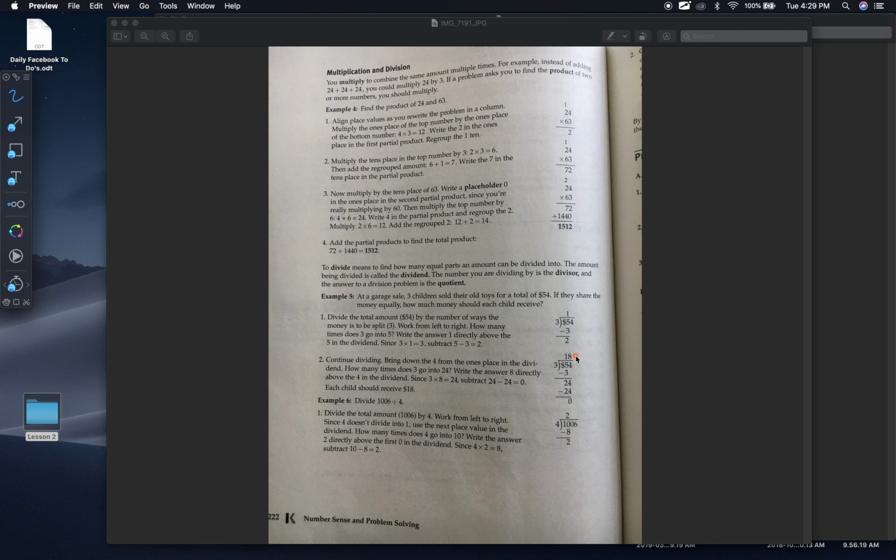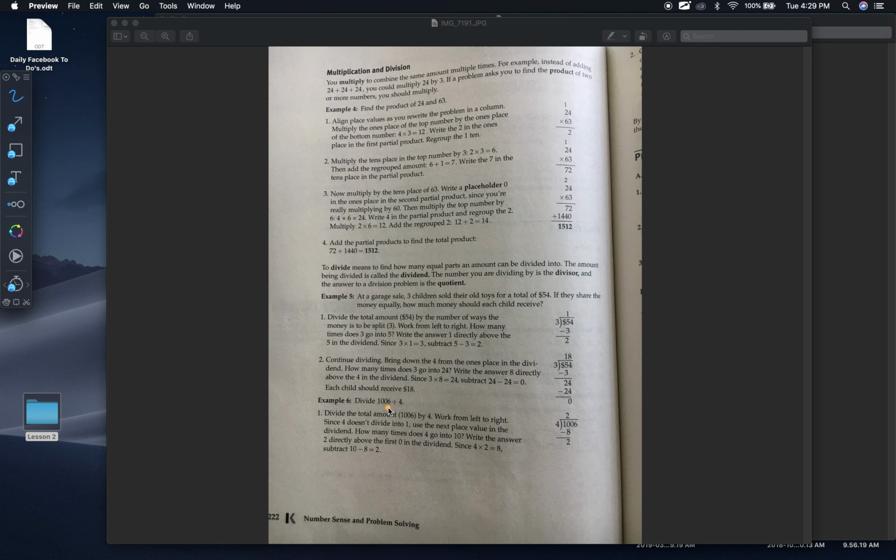So you have three equal parts of 18 that can go into 54. Or another way to write that, you can put 18 plus 18 plus 18. That would equal 54.